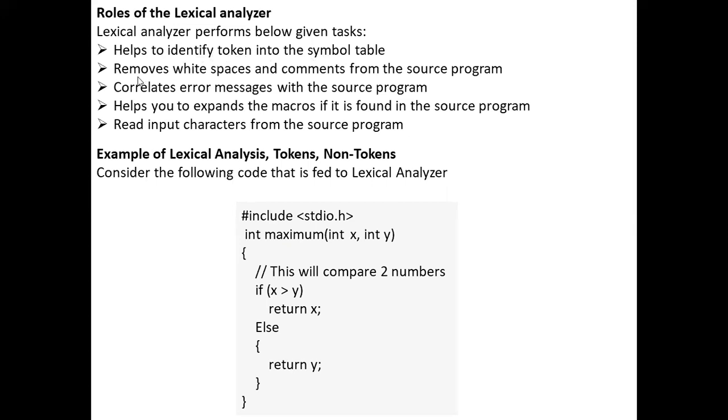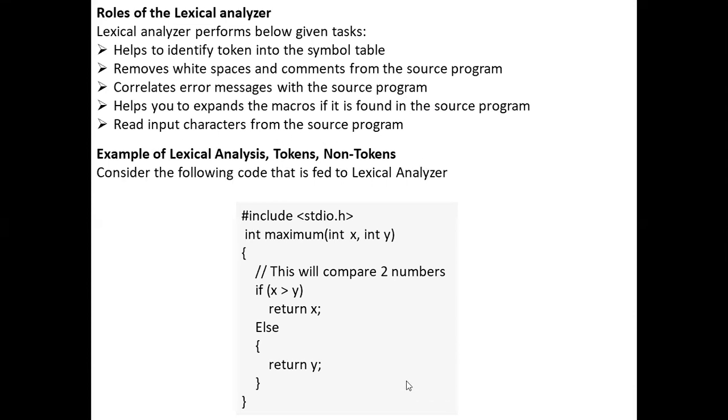Next, remove white space and comments from the source program, correlate error messages with the source program, and help to expand the macros if found in a source program. Macros we already know are defined in C, right? So if you define any macros, first we analyze the definition part of that macro, and then we proceed to the next part. That is called the preprocessor, right? Read input characters from the source program.